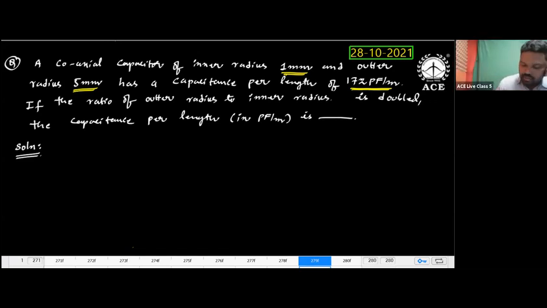Yes, beta. So what is the capacitance formula for this coaxial cable?